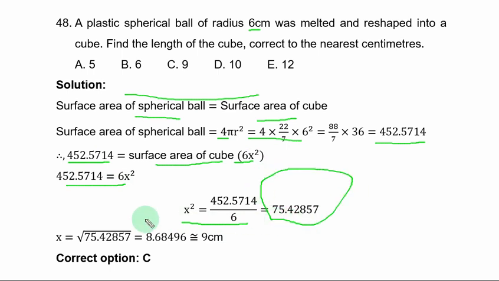To get s, you need to take the square root of the last result, which is this, and to the nearest centimeters, you have 9 centimeters from 8.68, so 9 centimeters.